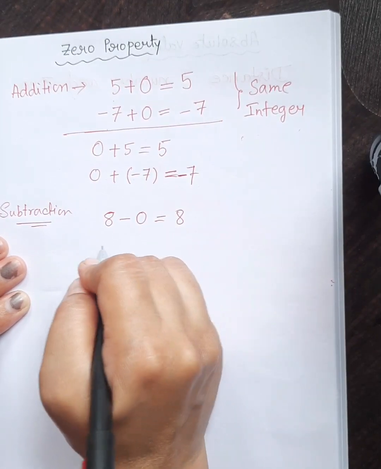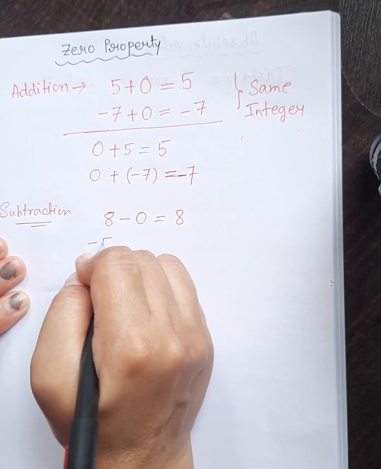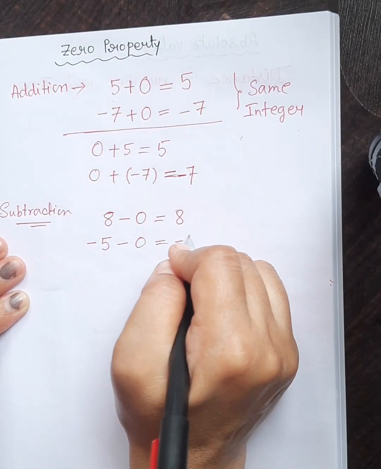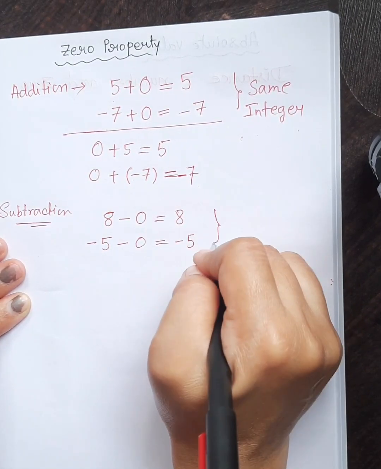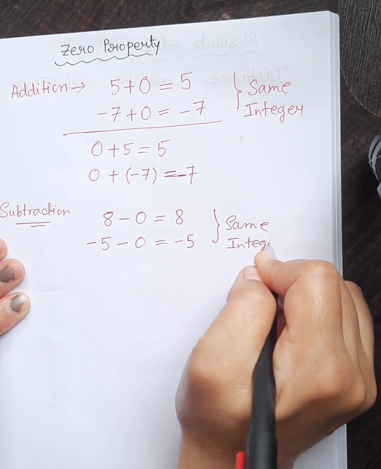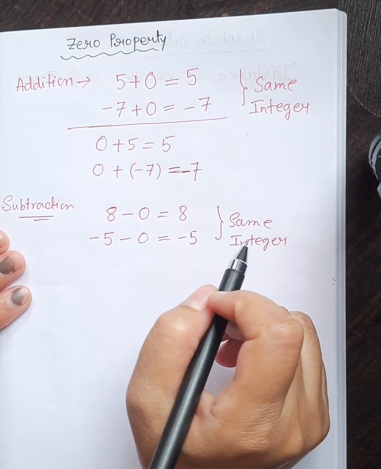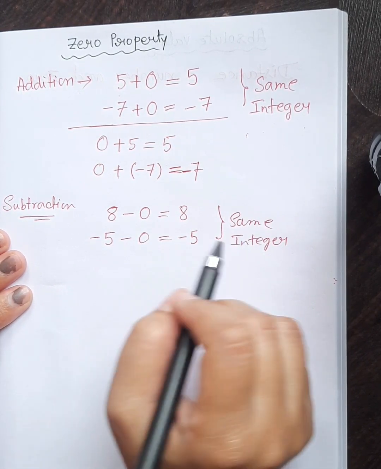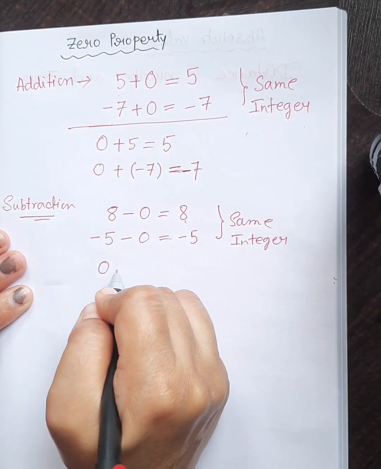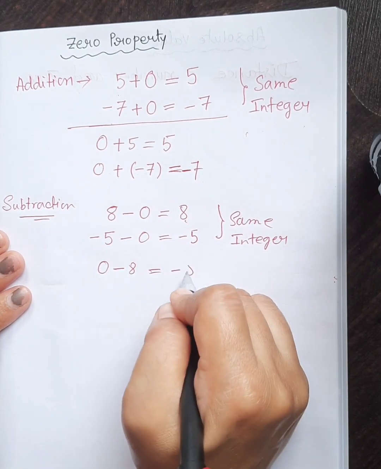If I take a negative integer, minus 5 minus 0, this time also we get the same integer. But when we subtract an integer from 0, that means 0 minus 8, we get minus 8.